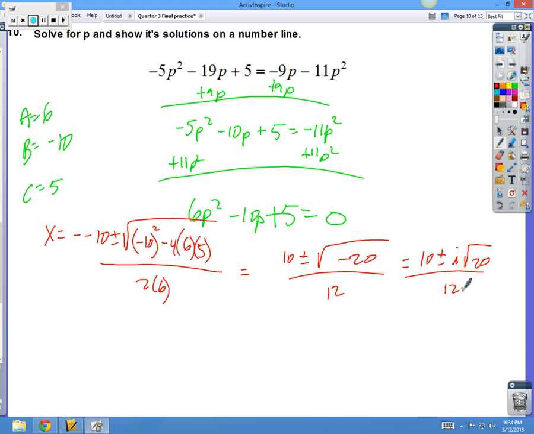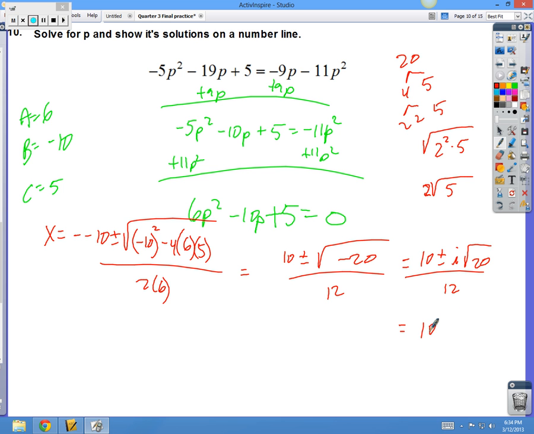And then your next move is, let's pull some stuff out of the square root of 20. 20, if you break it down to its prime factors, 4 times 5 and 2 times 2 times 5, so I'm going to trade it for 2 squared times 5. So I'm going to pull a 2 out and 5 stays in. So you're going to trade the square root of 20 for 2 times the square root of 5.